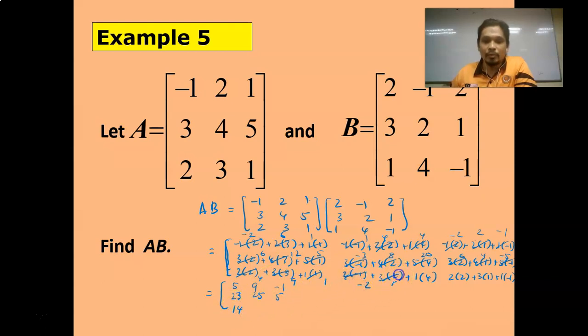Negative 2, 6, 4. 6 plus 4, 10 minus 2 equal to 8. Okay. 4, 3, 1 with negative 1, negative 1. 4 plus 3 equal to 7, minus 1 equal to 6. There you go.